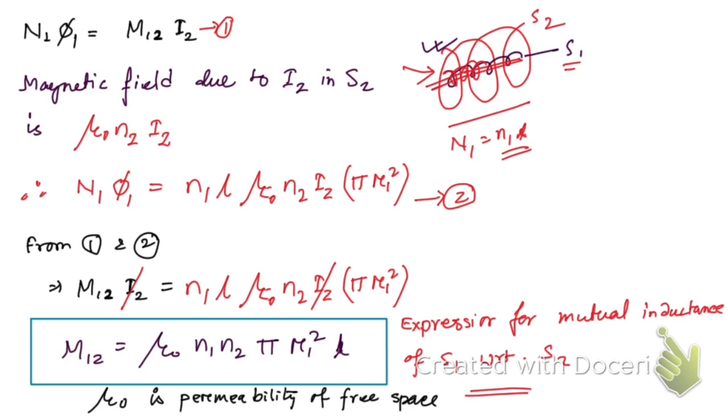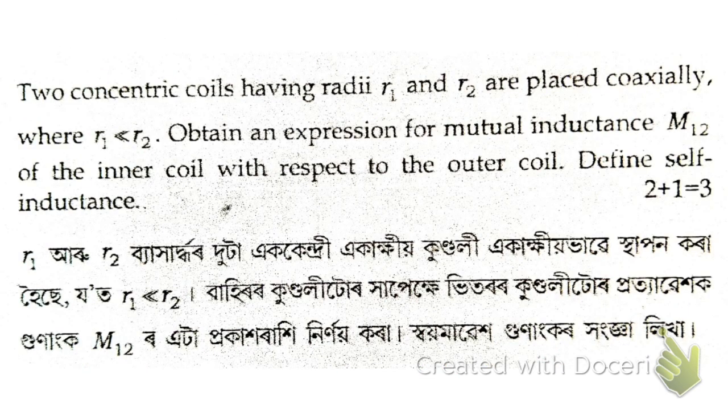So now let me take the next question. Here you see this was also asked in 2022, okay. So two concentric coils, the radii of the two coils are R1 and R2, the radius of the inner coil is R1 and the outer coil is R2. I will explain it in the new slide, okay.